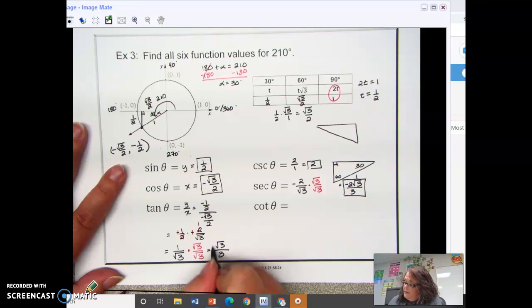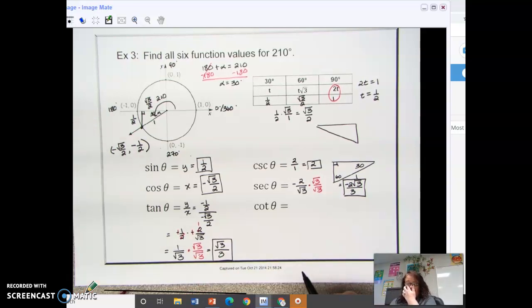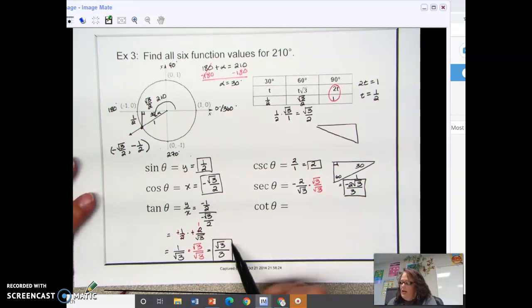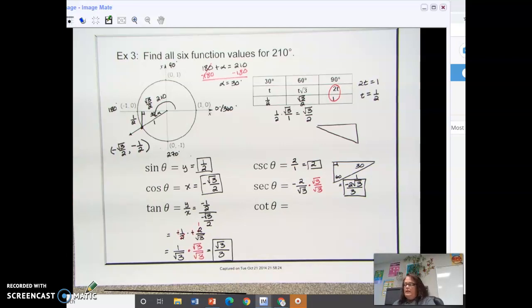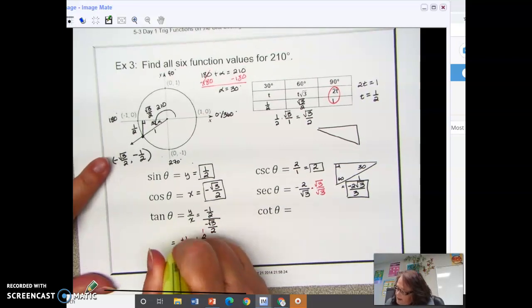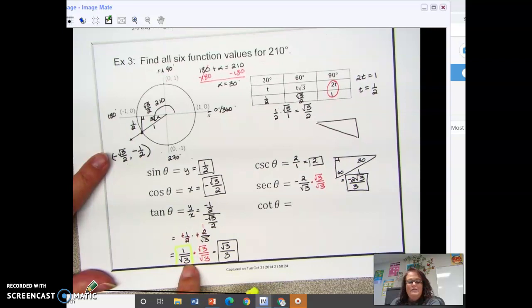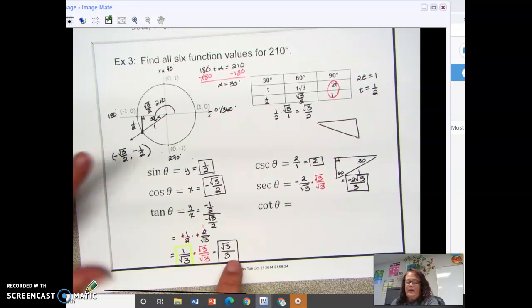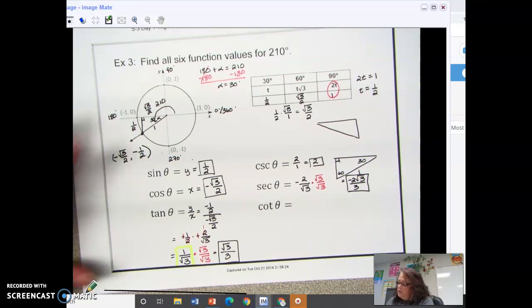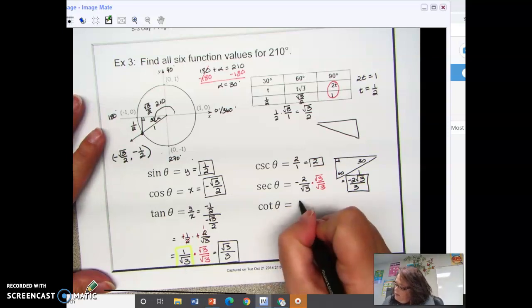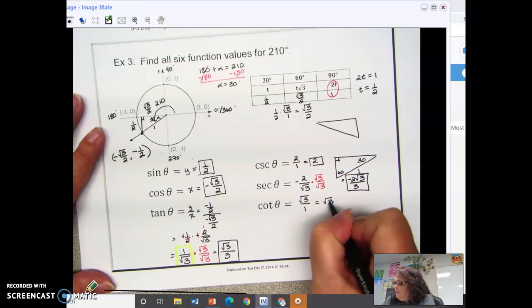Okay, so then cotangent, I could do the reciprocal of this one, or I could come back here a step and say, well, I had it as 1 over root 3, and then I had to rationalize my denominator. So if I take the reciprocal of this one, I can do root 3 over 1, which just gives me root 3.